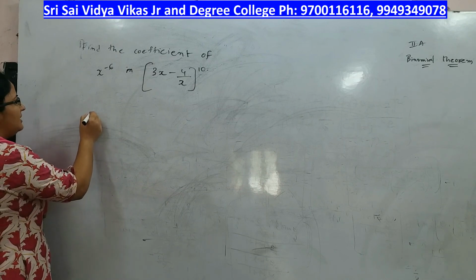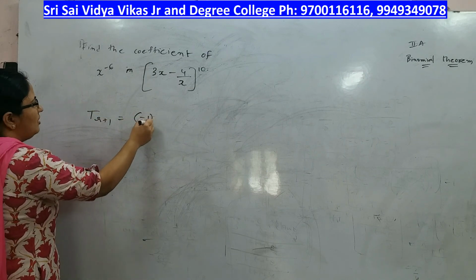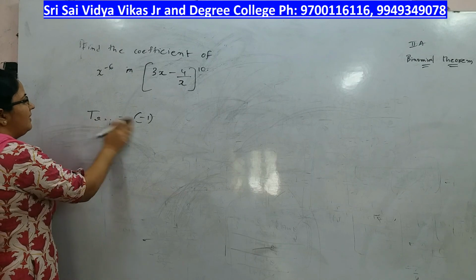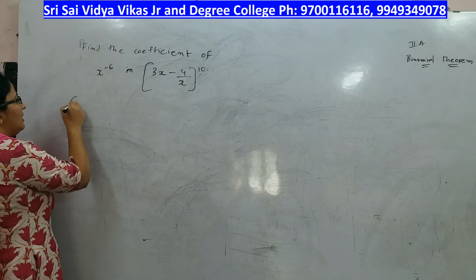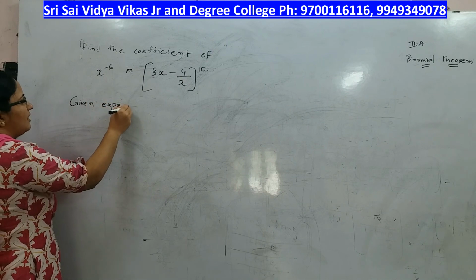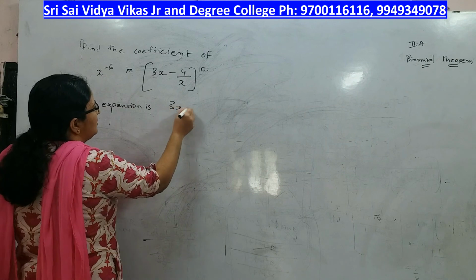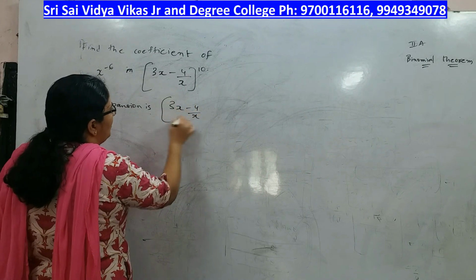So first we will write the general term. Tr plus 1 is equal to minus 1 whole power r, given expansion is (3x minus 4 by x) whole power 10.